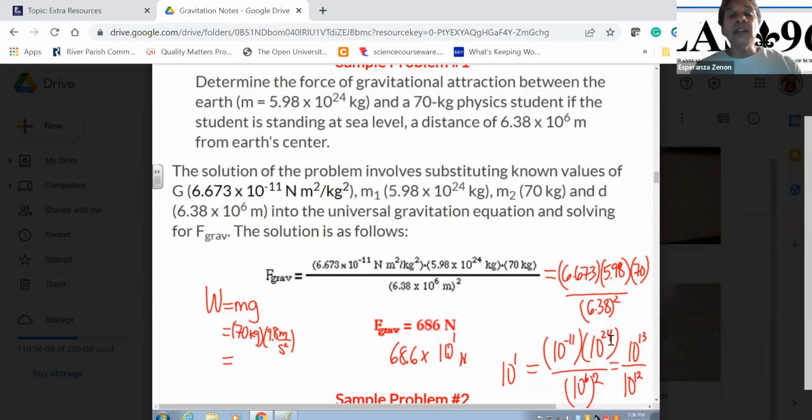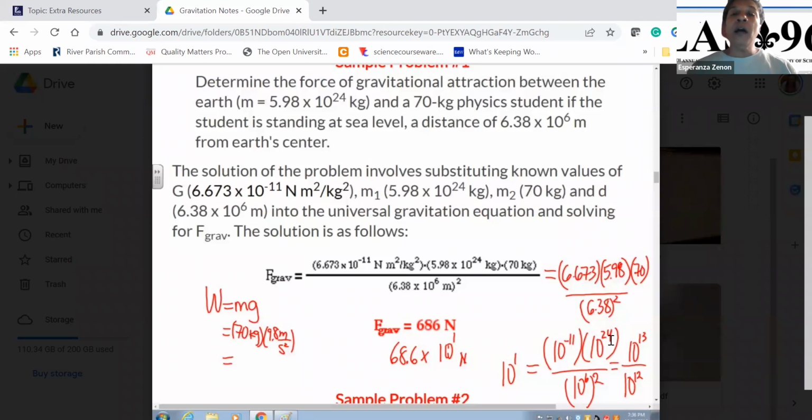Okay, so you see, this student is standing at sea level on planet Earth. Planet Earth is the biggest thing pulling on this student. So that's what gives the 70 kilogram student weight. And the weight is 686 newtons, but the force of attraction between the Earth and the 70 kilogram student is also 686 newtons.